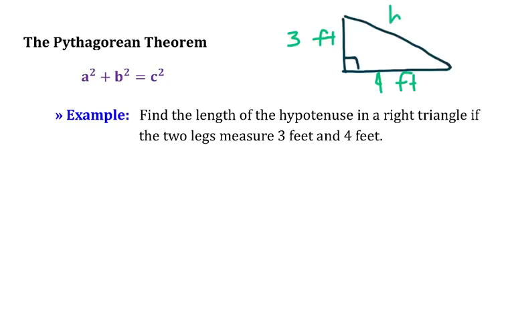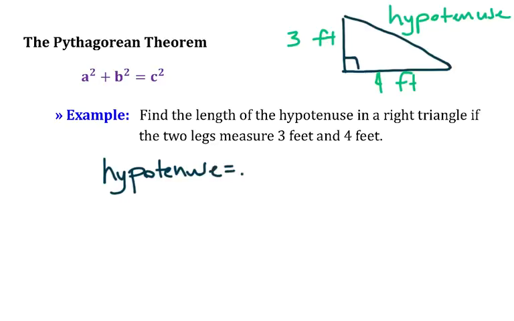And this hypotenuse here is what we're looking for. So if I grab the form of the Pythagorean theorem that I wrote on the previous page that was solved for the hypotenuse, it tells us that hypotenuse is equal to the square root of leg squared plus leg squared.